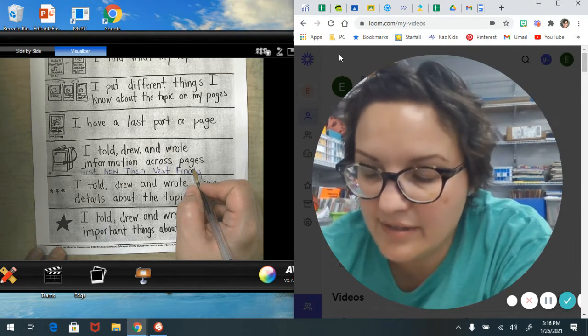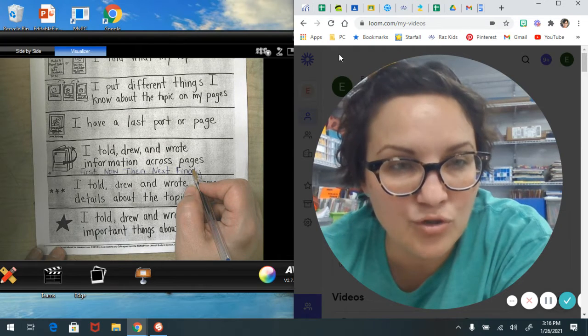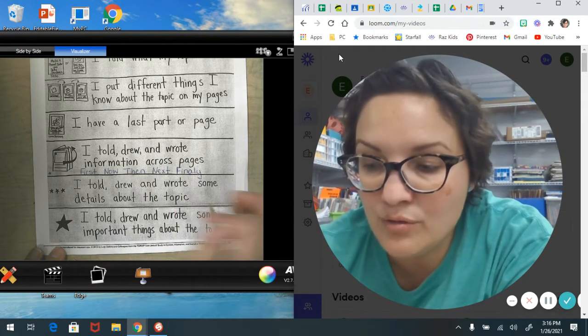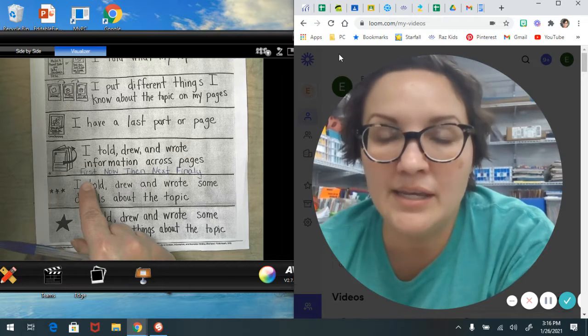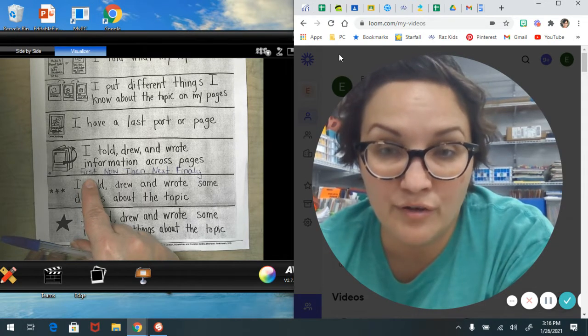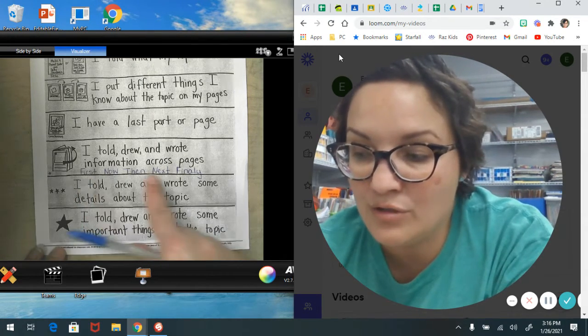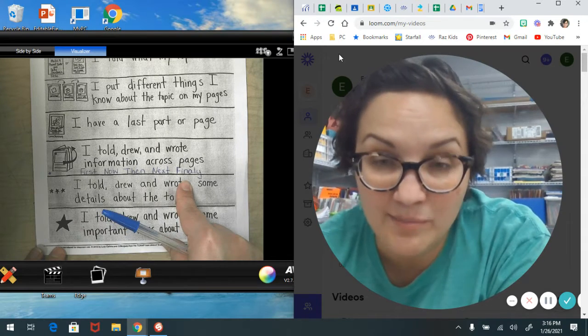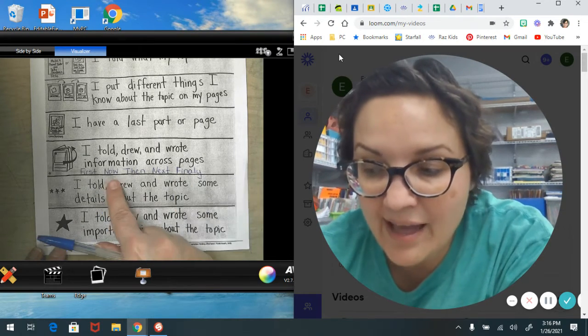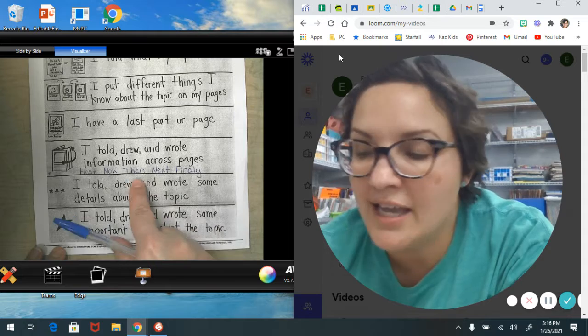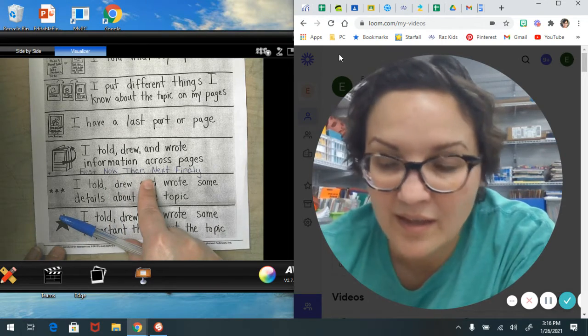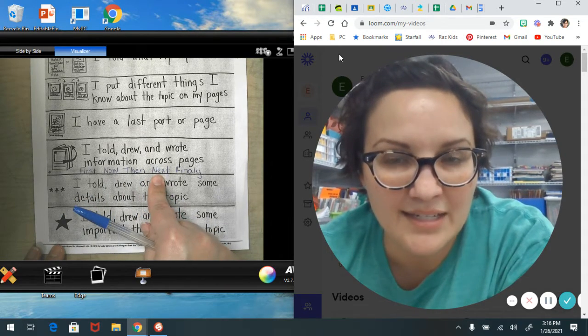So friends, when you're using these transitional words, if you're using first, that can only be on your first step. And if you're using finally, that can only be on your last step. But now, then, and next can be used anywhere in between. But this is what I'm going to focus on today.